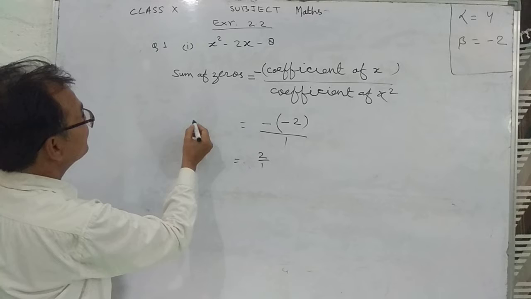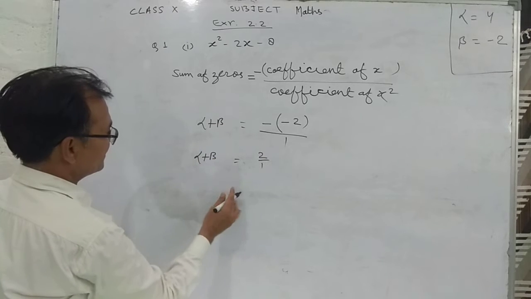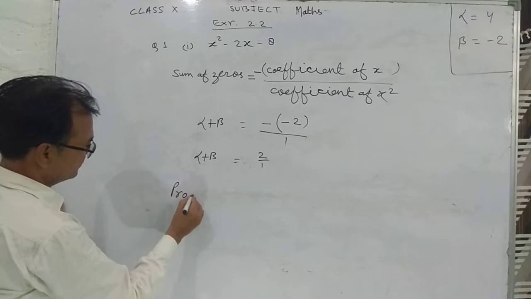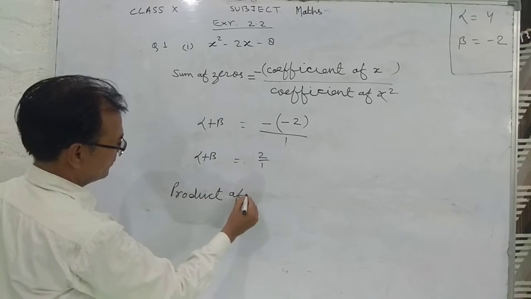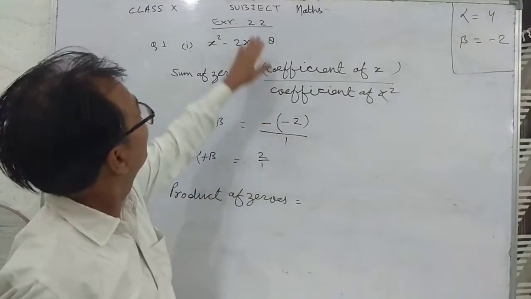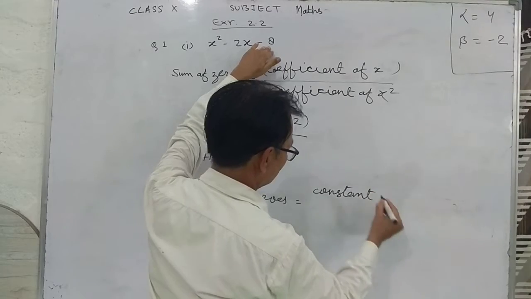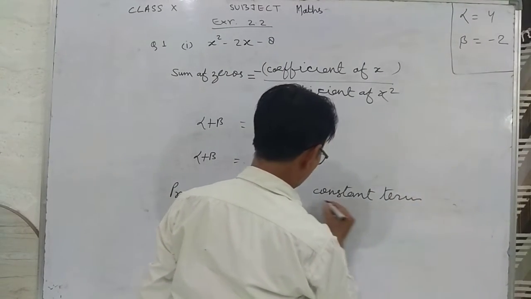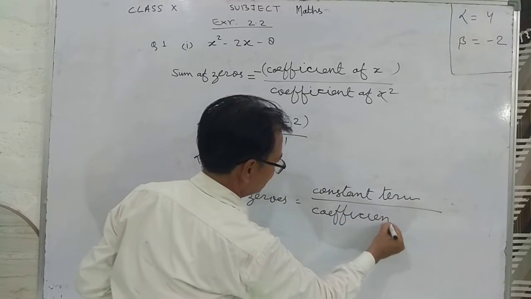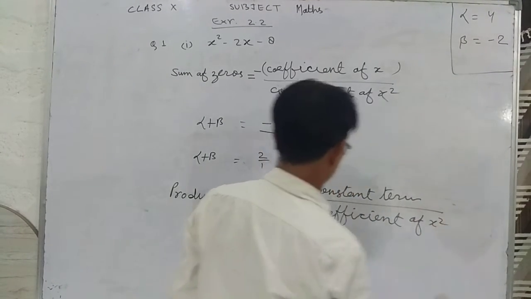We represent sum of zeros by alpha plus beta, or alpha plus beta equal to 2 upon 1, and product of zeros we will say constant term upon coefficient of x square.